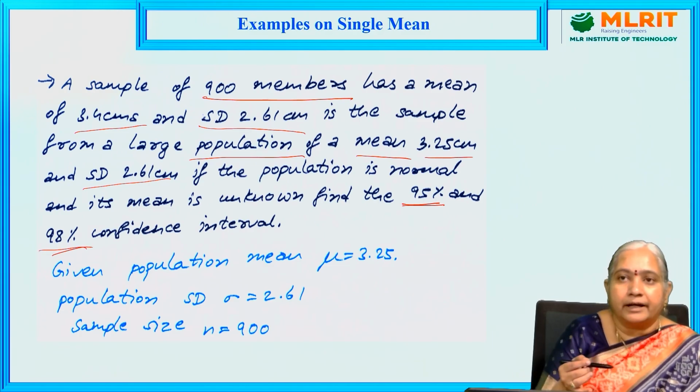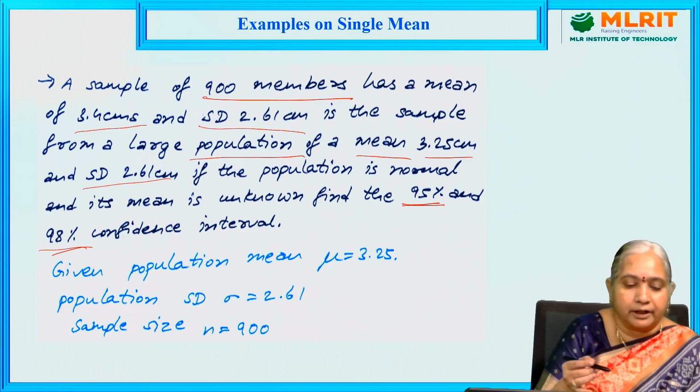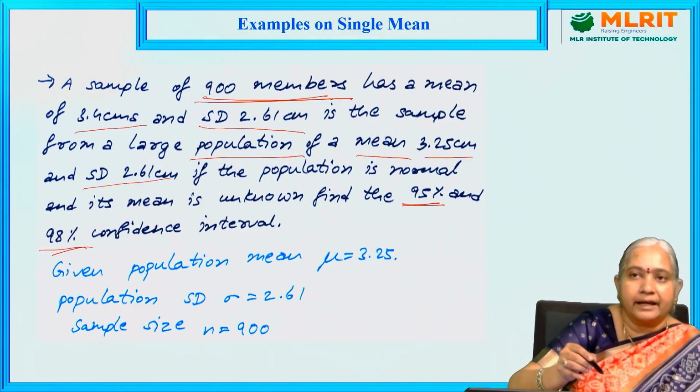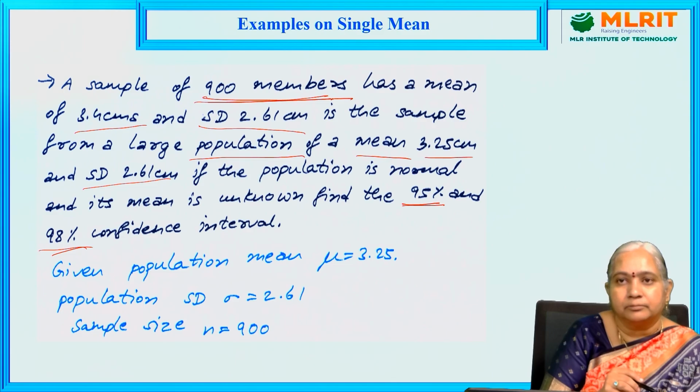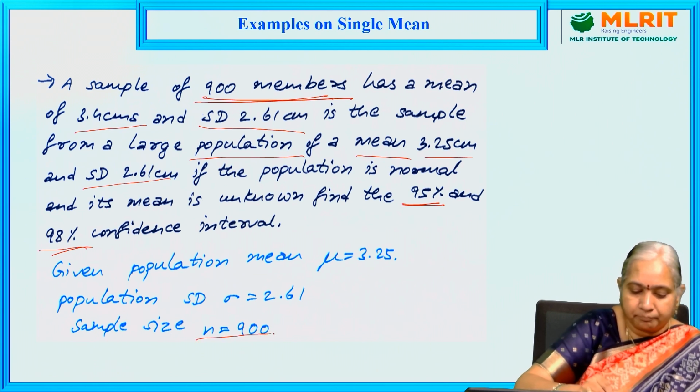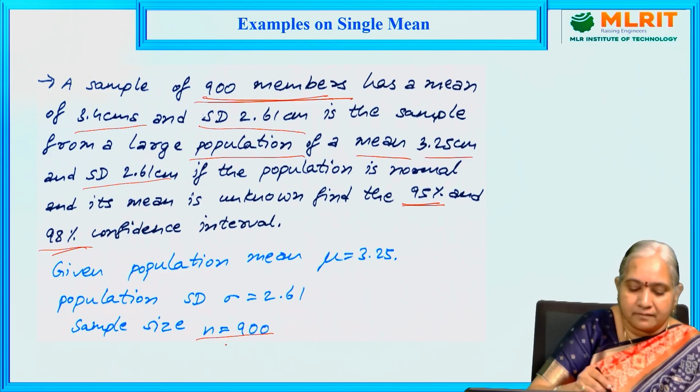So first we write the given data in mathematical notations. So 900 members is taken from the population. So this is a sample. Sample size is denoted by n, and which is equal to 900. This is sample size, which is greater than 30.